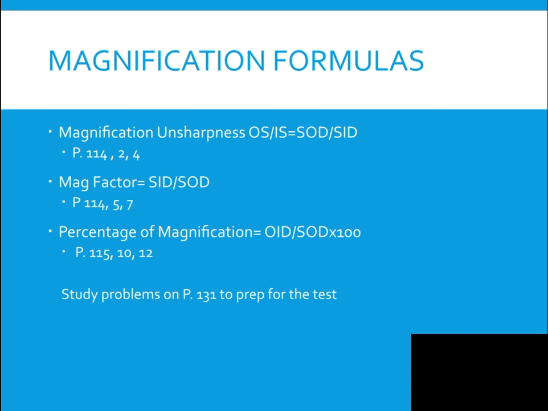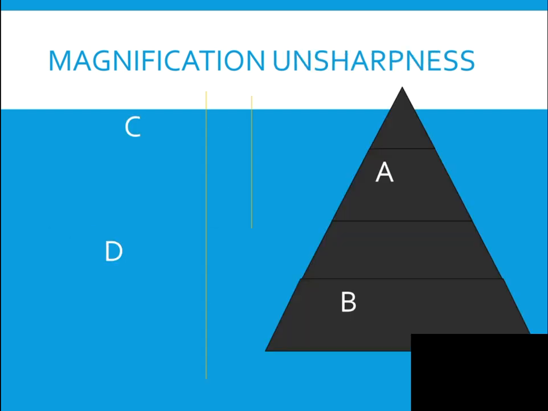Object size is to image size as SOD is to SID. So that is your formula for it. But let's back it up one and talk about these distances. So we've got source to object distance, source to image receptor distance, and then we've got your image size and your object size.